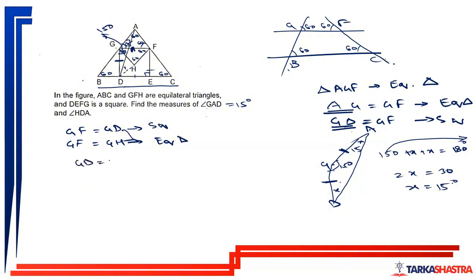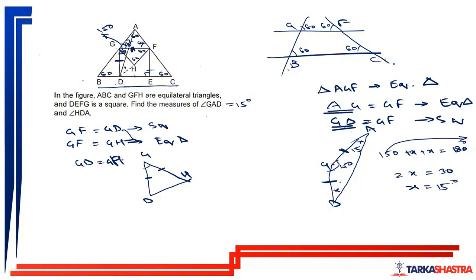Now consider triangle HGD. I am saying GD is equal to GH.